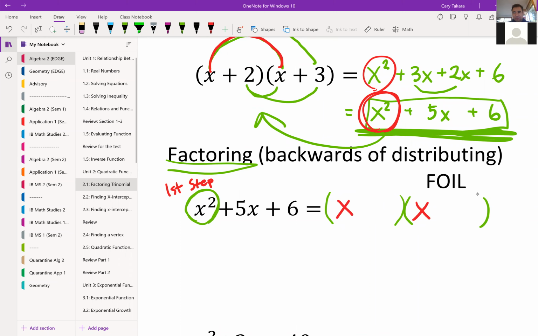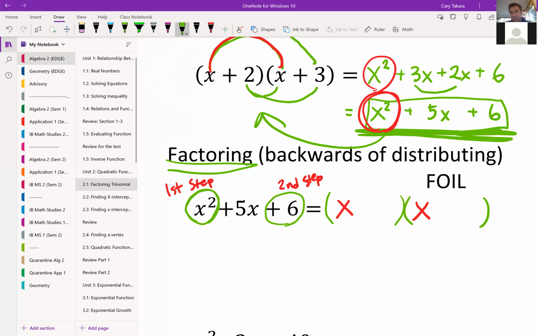Next step, we are actually going to skip this 5x because 5x is coming from these 2 terms, isn't it? 5x came from adding 3x plus 2x, but we're just going to forget about that for now, okay? But the second step is to look at the last number, which is positive 6.